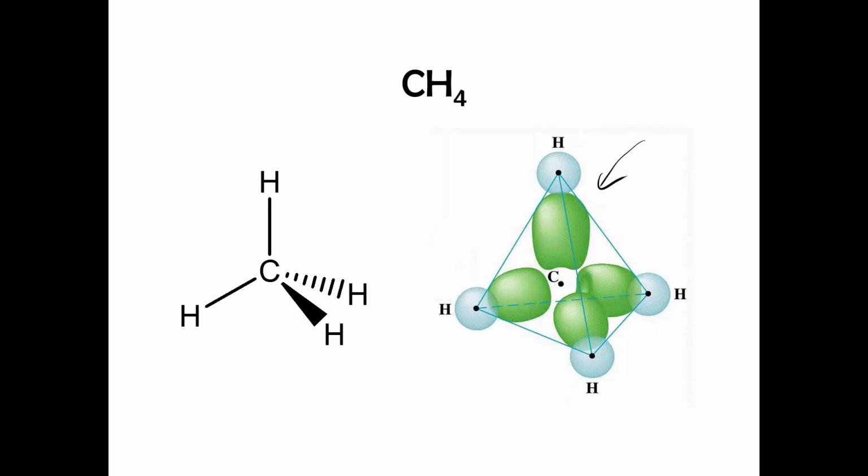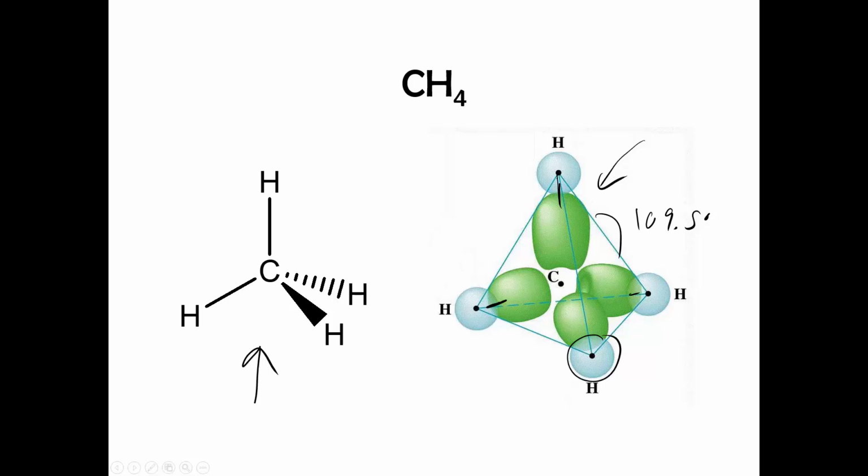This is in green, showing the sp3 hybridized orbital for methane, right? This is the Lewis structure over here. And then the hydrogen atoms are not hybridized. They just simply use their single electrons from their s orbitals to overlap. And so this also explains why we can have 109.5 degrees here, right?